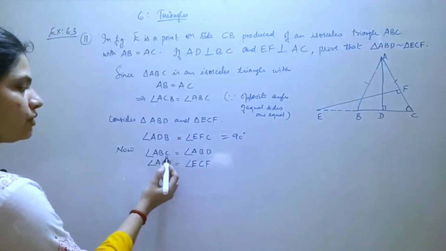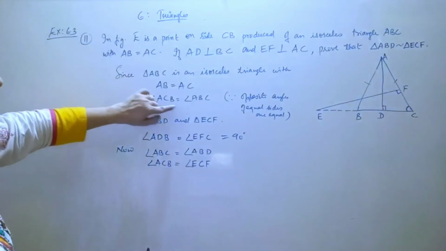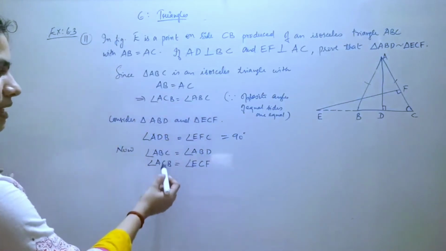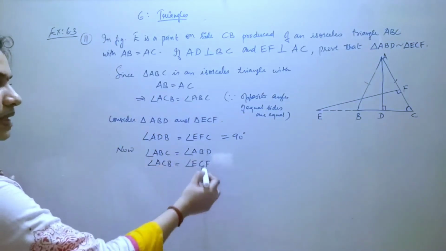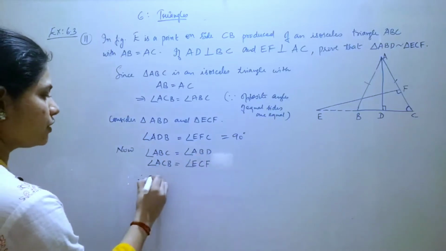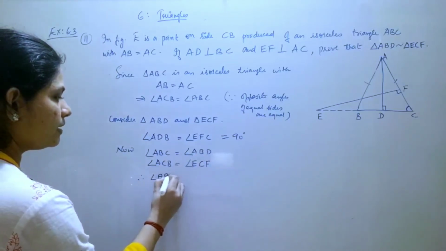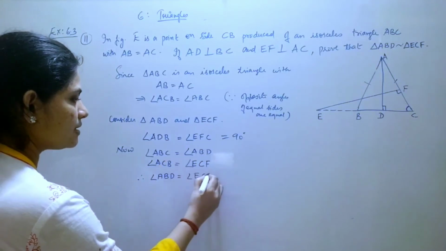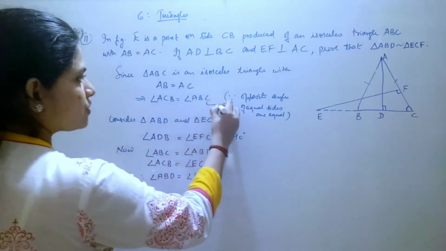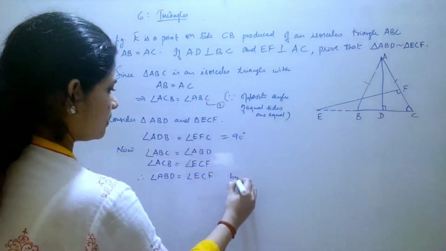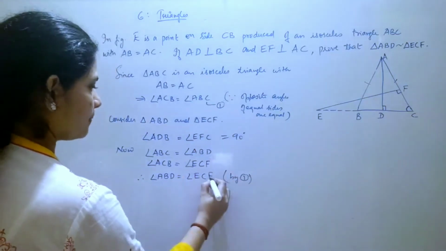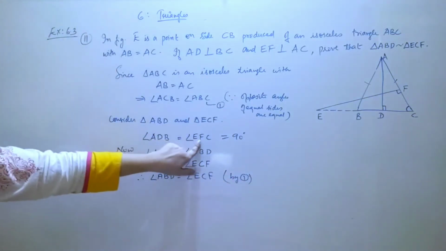Okay, now you just see we have got ACB is equal to angle ABC. ACB and ABC angles are equal. That means we can just equate these two. Therefore, you will get angle ABD is equal to angle ECF. If you are substituting here 1, you can say that by equation number 1 you are getting this. Okay, so you have got one pair of angle to be equal.